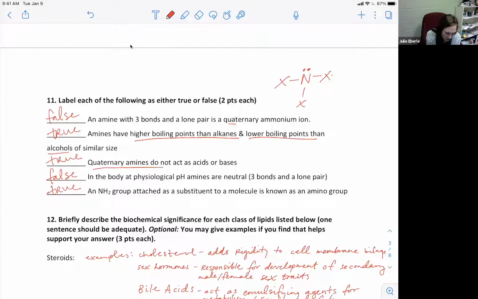Quaternary amines do not act as acids or bases. That is true. Okay, so a quaternary amine is a nitrogen with 4 carbon bonds. So there are no hydrogens on this nitrogen. There's no lone pairs on this nitrogen. We said the lack of a lone pair and the lack of a bonded hydrogen means this type of amine is not acidic or basic.